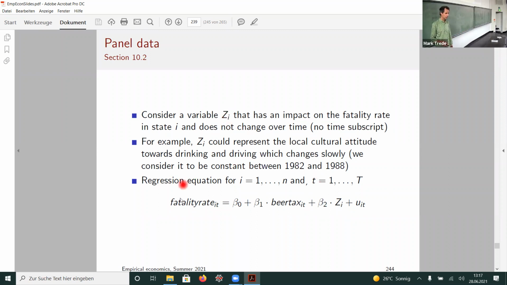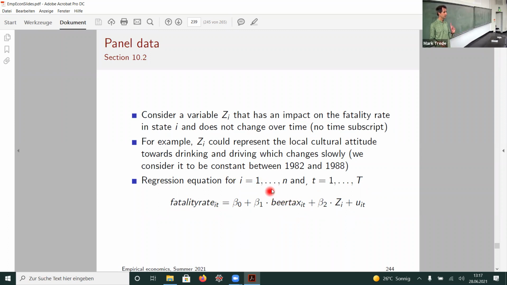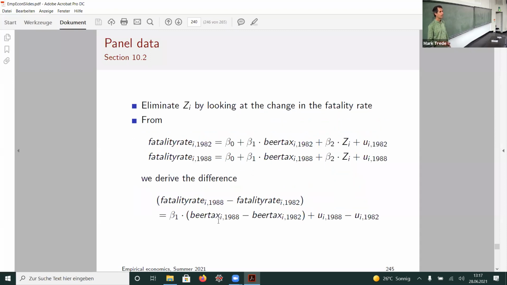And then we assume that we could regress the fatality rate on the BRTX. And that's the variable which we are interested in, or the slope coefficient of this variable we are interested in, and this additional variable Z. Okay. And we do that not only once, but twice. Okay.